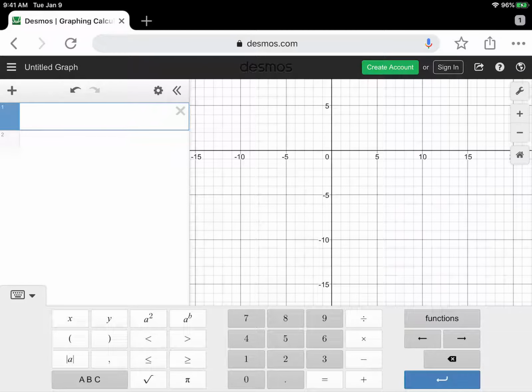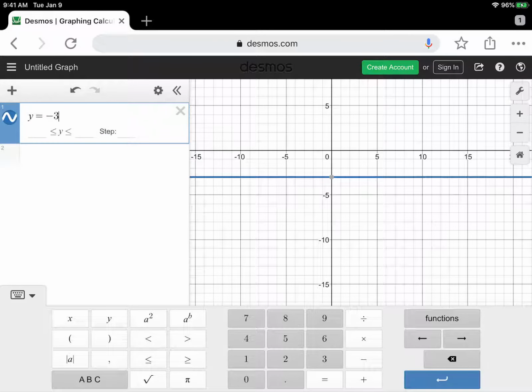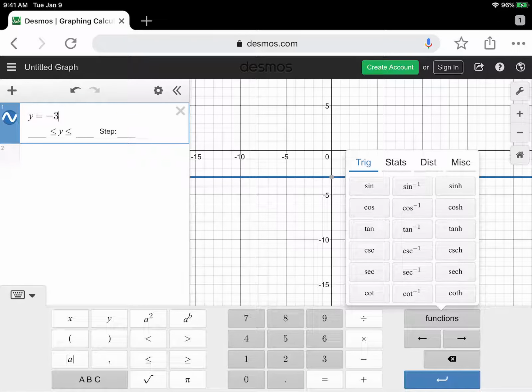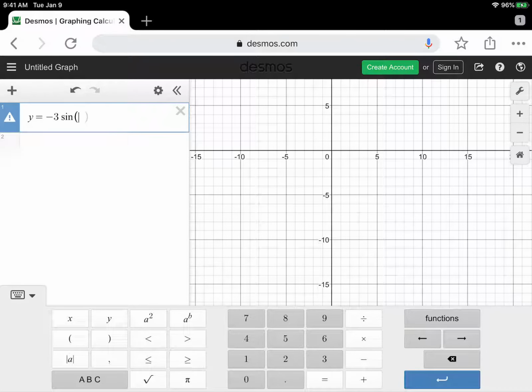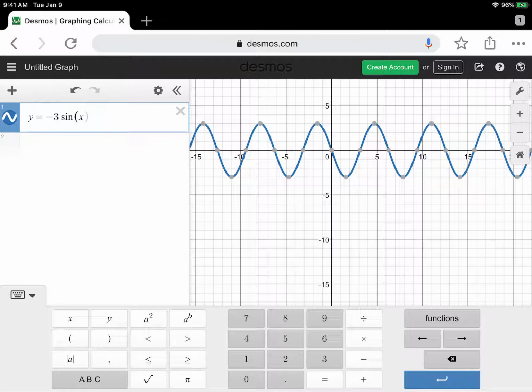So let me go ahead and do y equals negative 3 sine x. All right, so there's this graph.